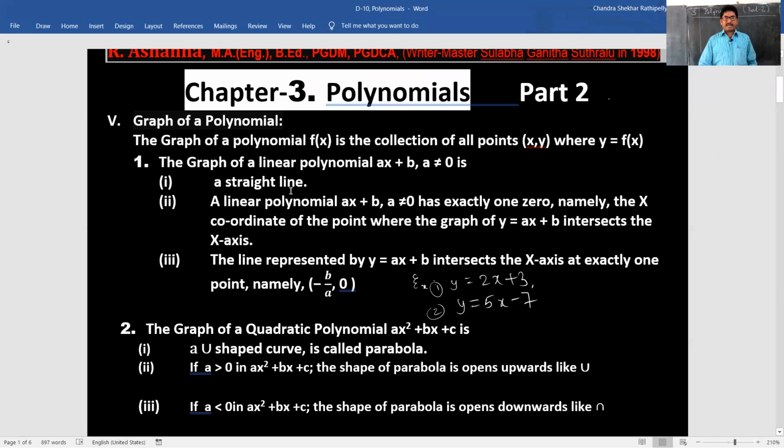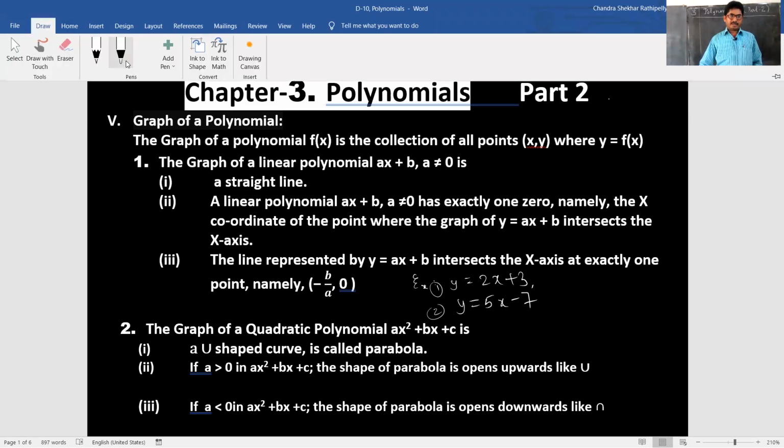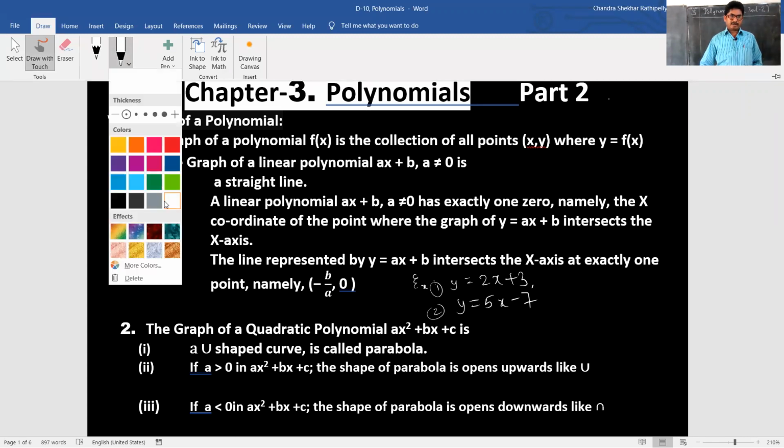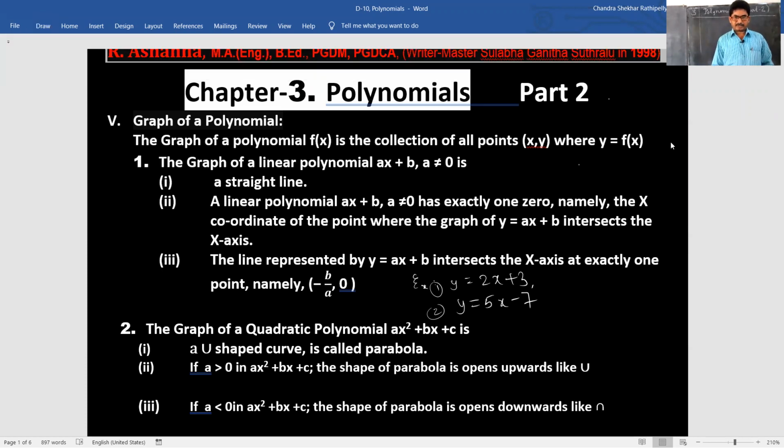So that is a straight line. The graph of a linear polynomial ax plus b is on graph. What does it show? A line, a straight line. So like this.